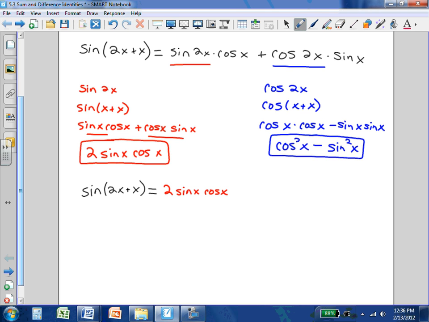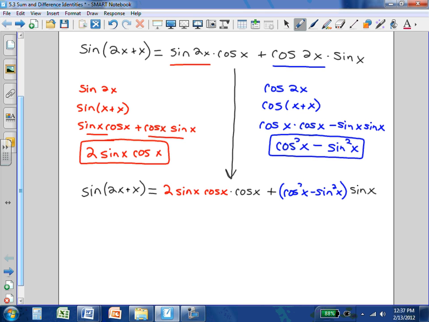And then we've got that cosine x left from up above, plus, now the stuff in blue, I've got cosine squared x minus sine squared x. And I'm using parentheses because it involves subtraction, and it's a quantity. And there's my sine x from above.